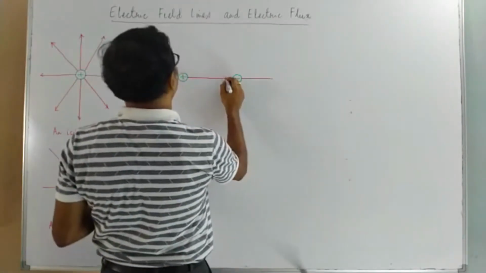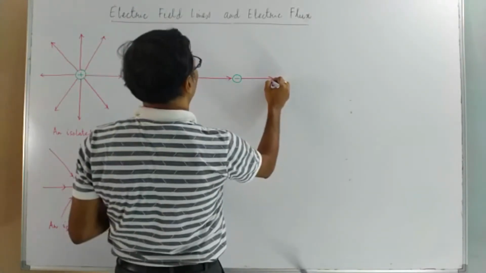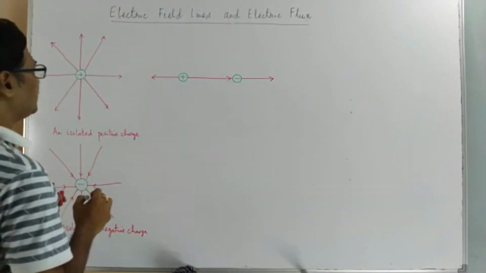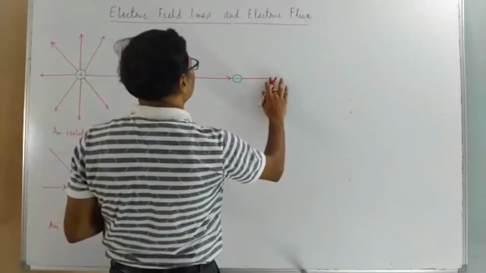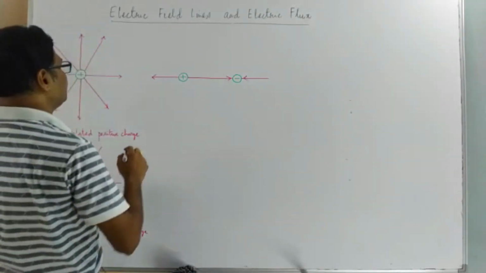As we know, electric lines of force are outward from positive charge and inward in case of a negative charge.